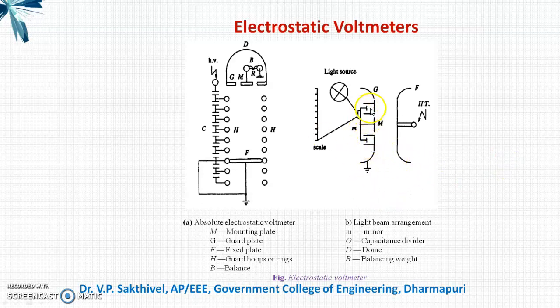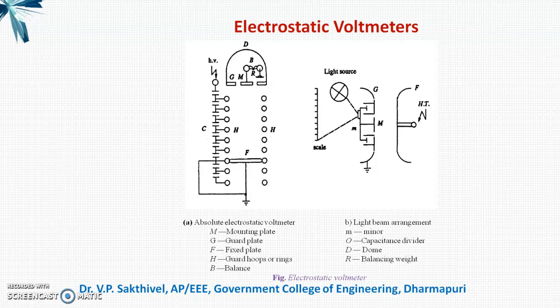Here you have the damper, so the damping torque is provided by means of these vane dampers. The range of the instrument is changed by varying the gap separation.